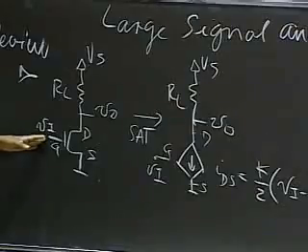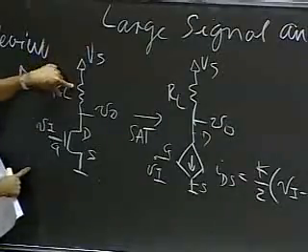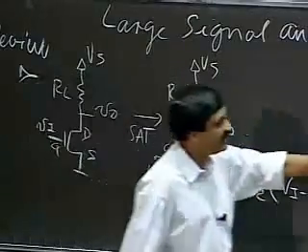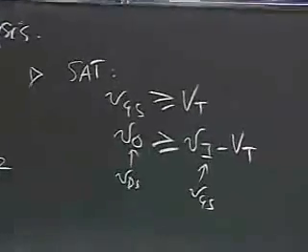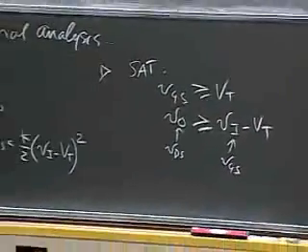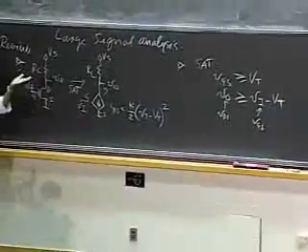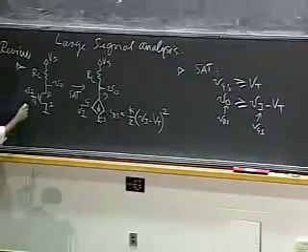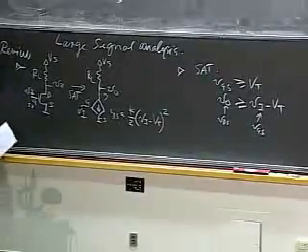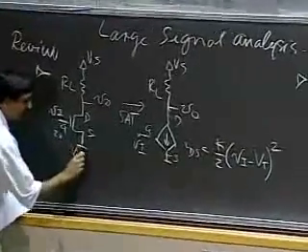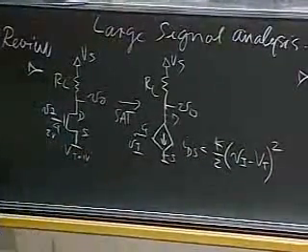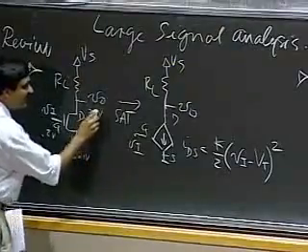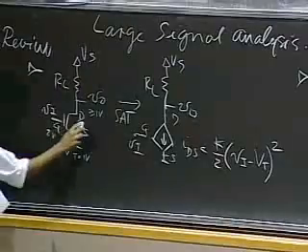Similarly, I can choose Vs, RL, and Vi in a way that this condition is true, which says that the drain to source voltage across my MOSFET should be greater than Vi minus Vt. So as an example, if Vi was 2 volts and Vt was, say, 1 volt, then what I'm saying is that V naught should be greater than or equal to 2 minus 1, or 1 volt.